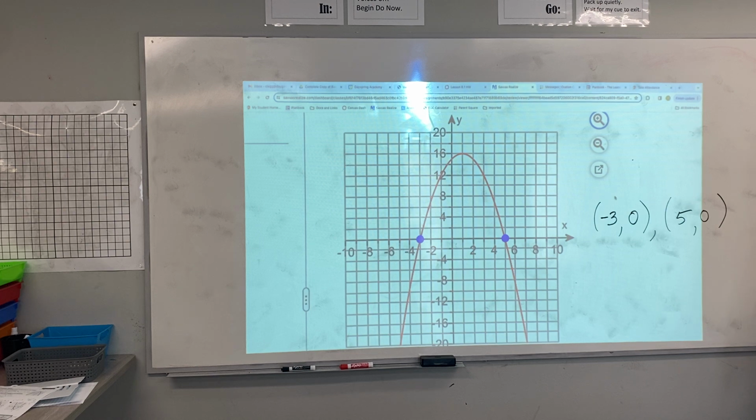To find the x-intercepts, identify the ordered pair or ordered pairs where the parabola intercepts the x-axis. Those are my x-intercepts.